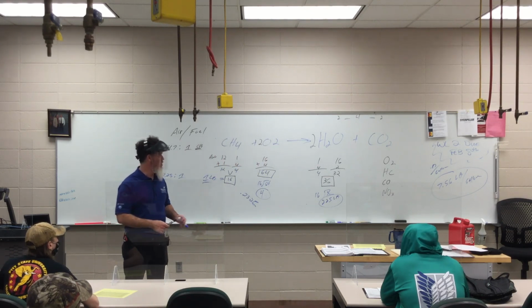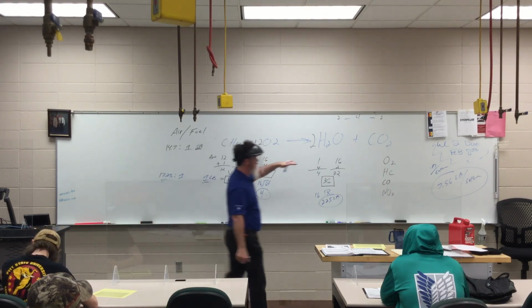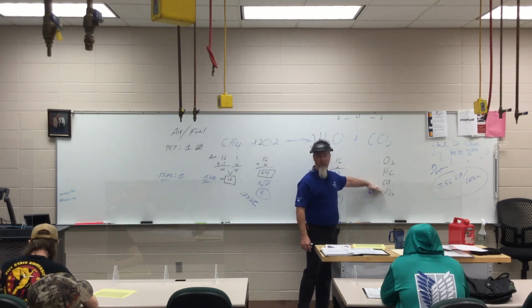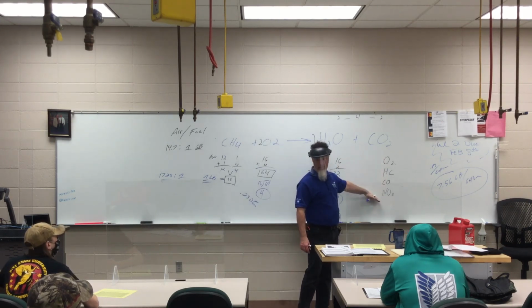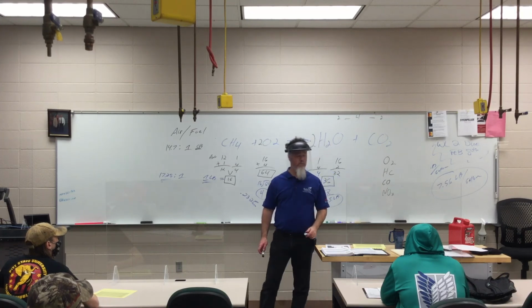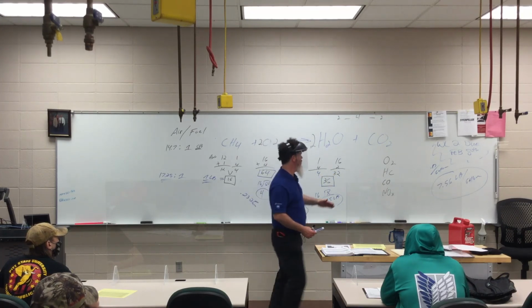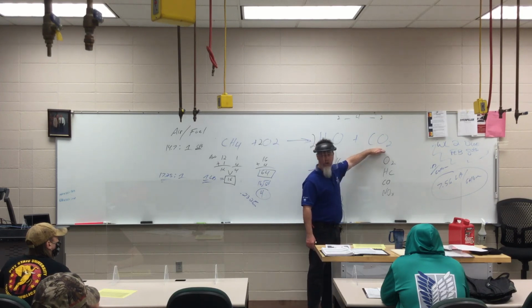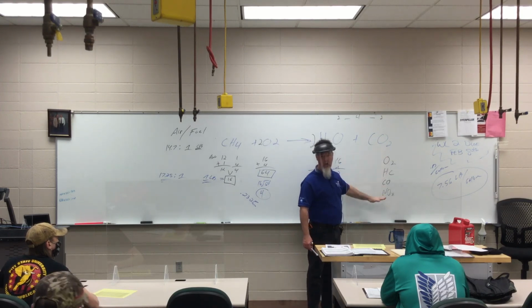So when you look at what's coming out of the tailpipe, you have other things possibly coming out if you start having problems. But if you have perfect combustion, the only real big number that's going to come out is CO2. Everything else should be very, very low numbers coming out.